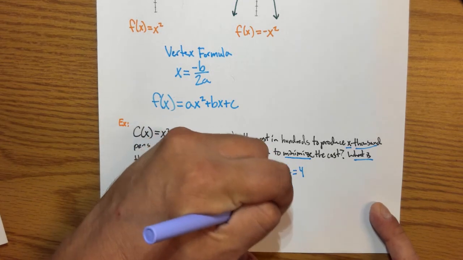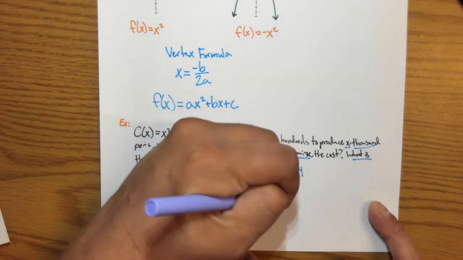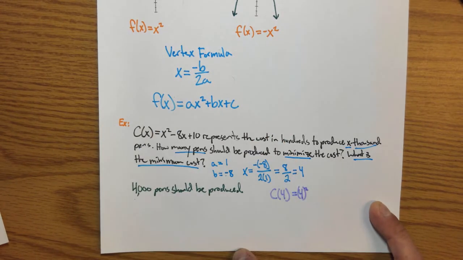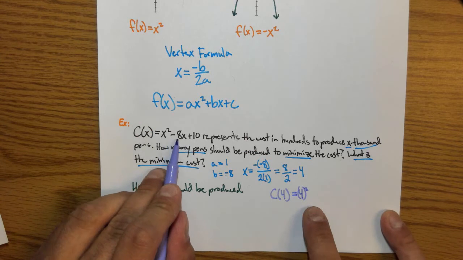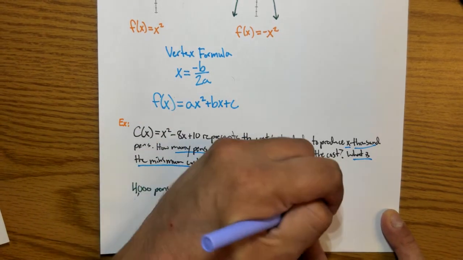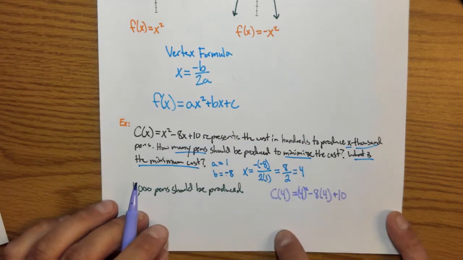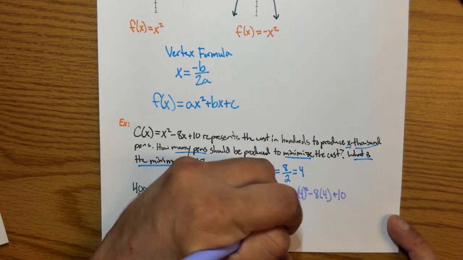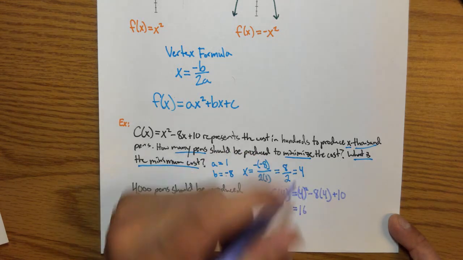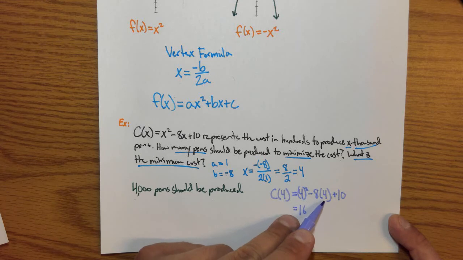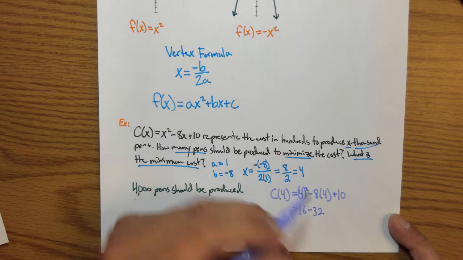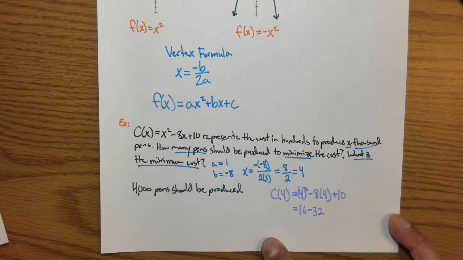C of 4, because that's what we're plugging in to our equation, equals 4 squared, this is x squared, minus 8x, so minus 8 times 4, plus 10. So again, I'm just plugging 4 into the equation. And let's simplify it. 4 squared is going to be 16. Negative 8 times 4 is negative 32. And then plus 10.